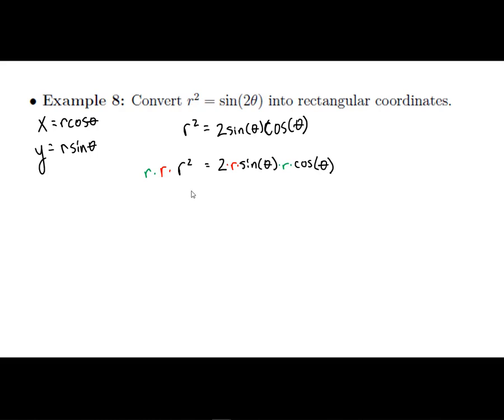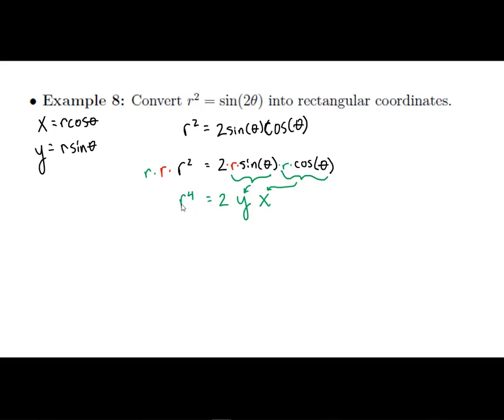And so overall, what I get here is that on the left, now I have r to the 4th. Okay, but over here I have 2 times, right, r sine theta, but r sine theta is y. And then r cosine theta, but that's x.